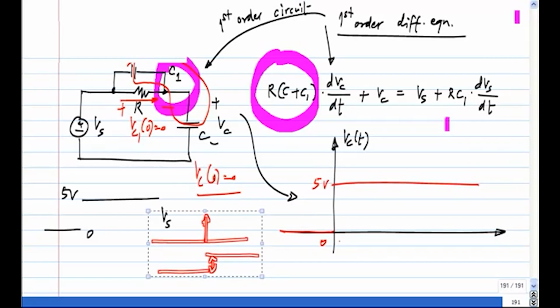Another way to think about it is that this dVs by dt is definitely infinite here, so that can only be balanced by having an infinite value for this also. That means Vc has to jump. Is this clear? Now how much will it jump by?